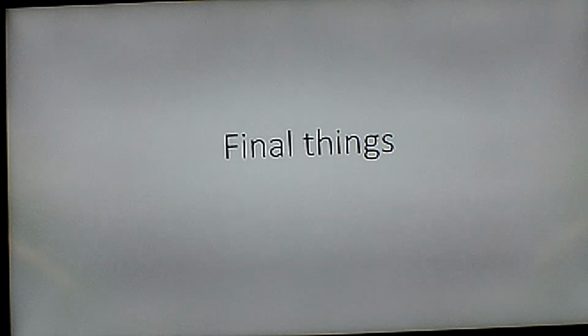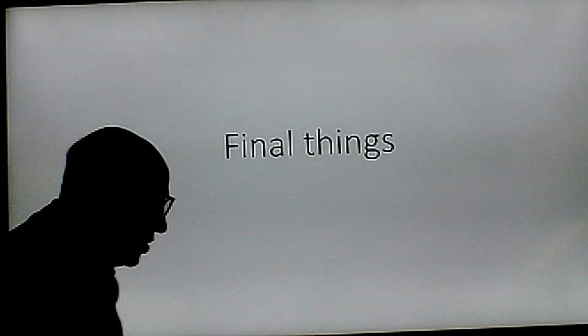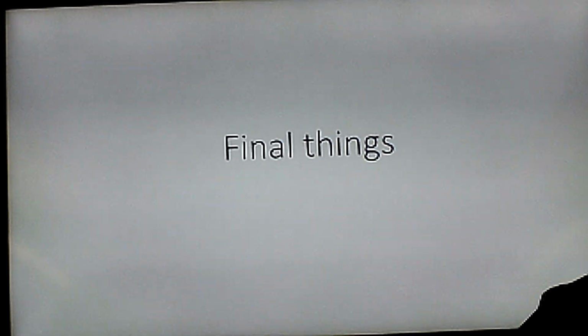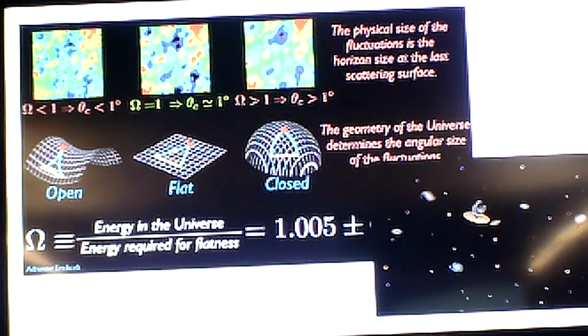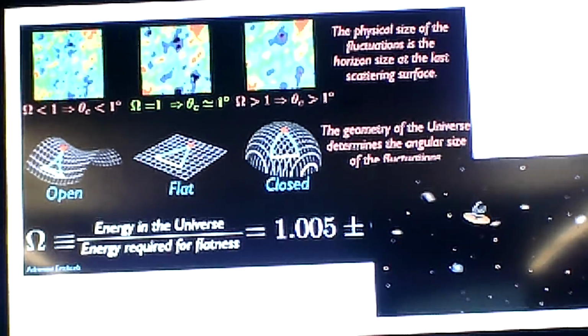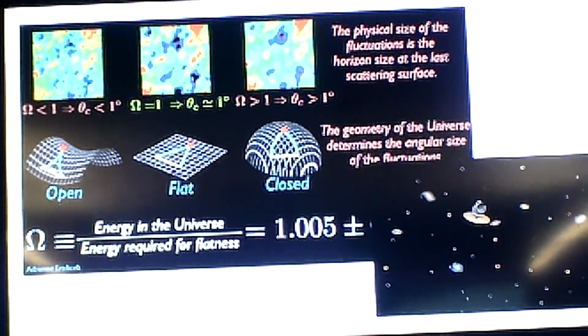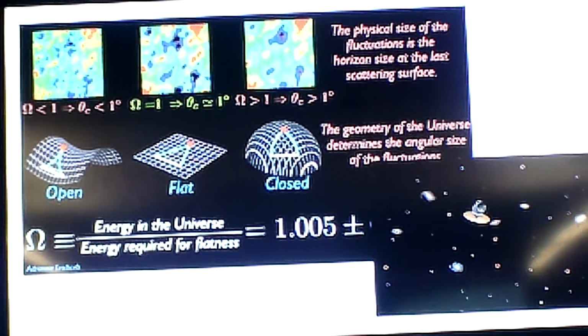And up until about 3 months ago, everybody was comfortable that our geometry is flat. And then some smart people said, wait a minute, we've been looking at some data from one of the cosmic microwave background experiments, and we see a little bit of this.